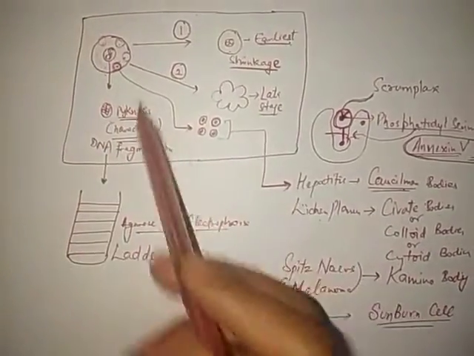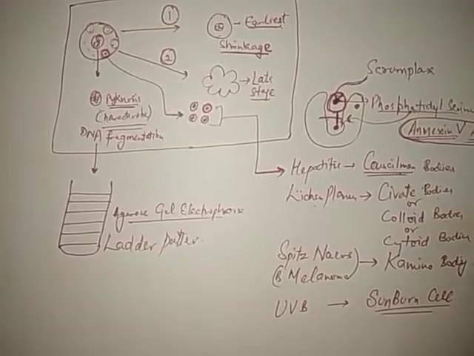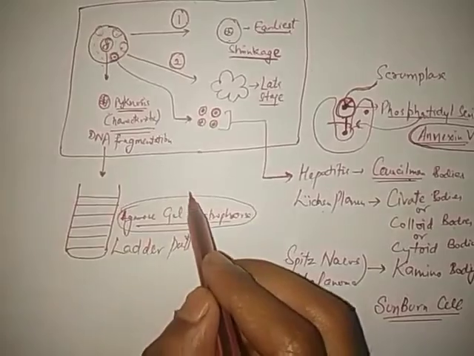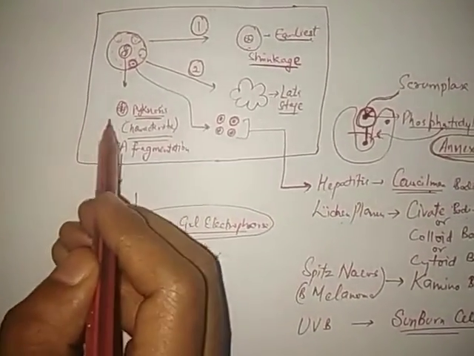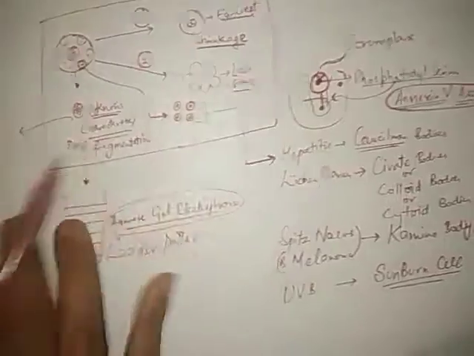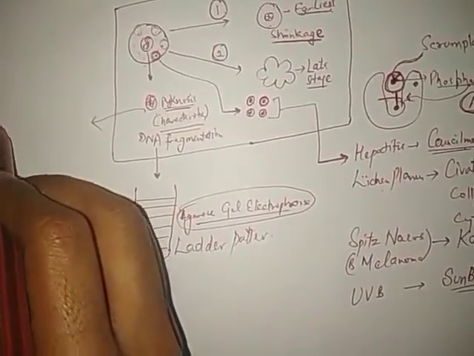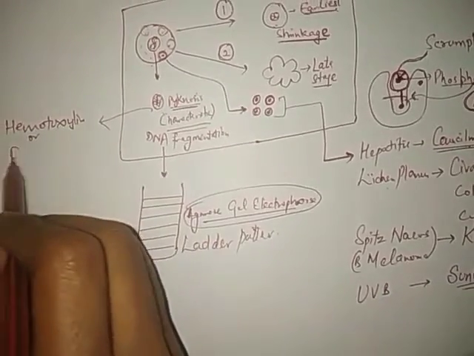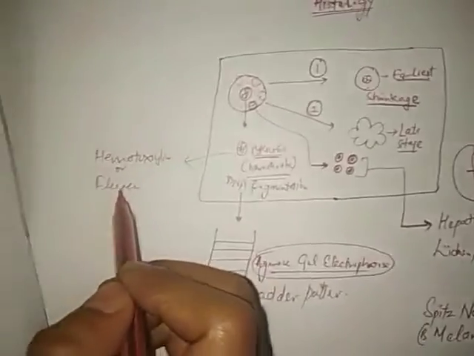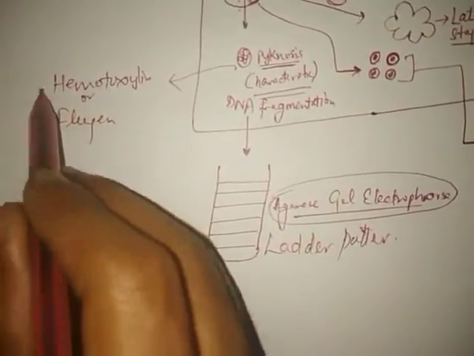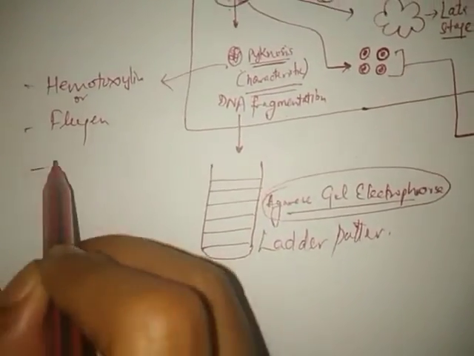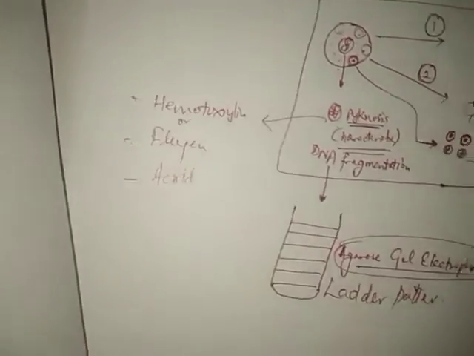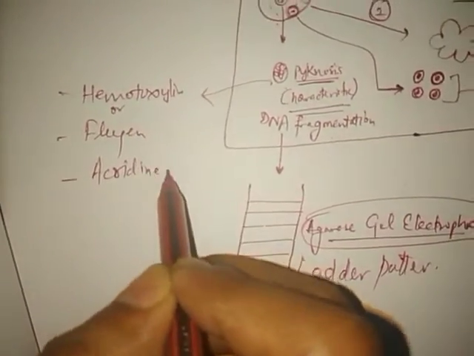By looking at the histology. By annexin V assay we can identify. By agarose gel electrophoresis we can identify. Further, nuclear condensation can be identified by staining the tissue with hematoxylin dye, or we can also look at the condensation by acridine orange dye.